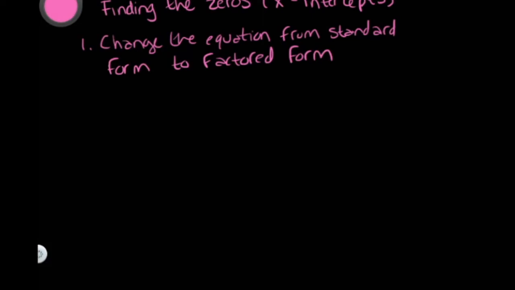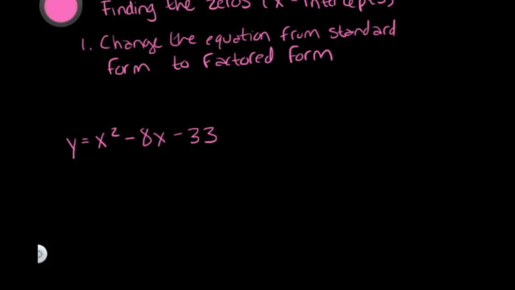Let's use an example here. So step 1, if I have y equals x squared minus 8x minus 33, I need two numbers that will multiply to give me negative 33 and add to give me negative 8.